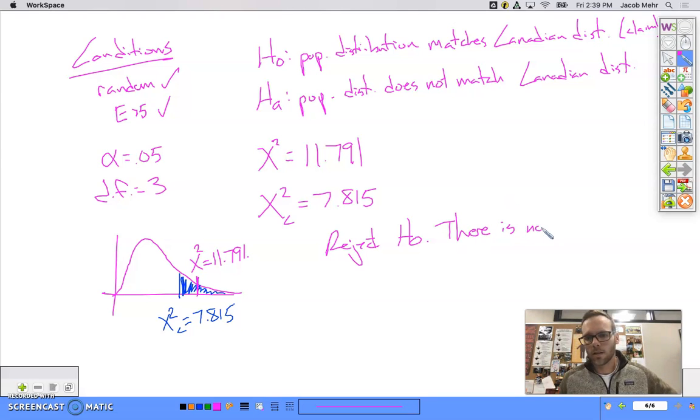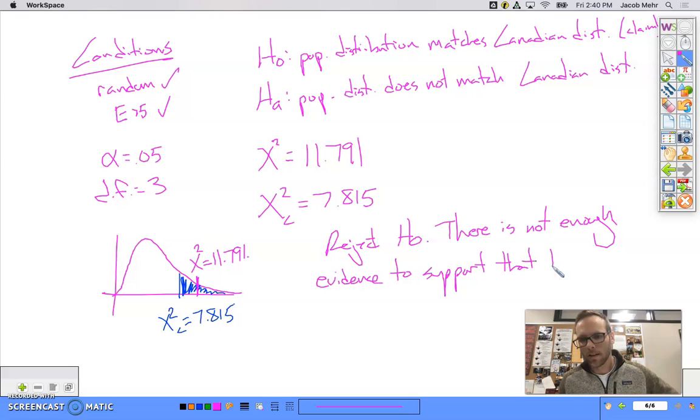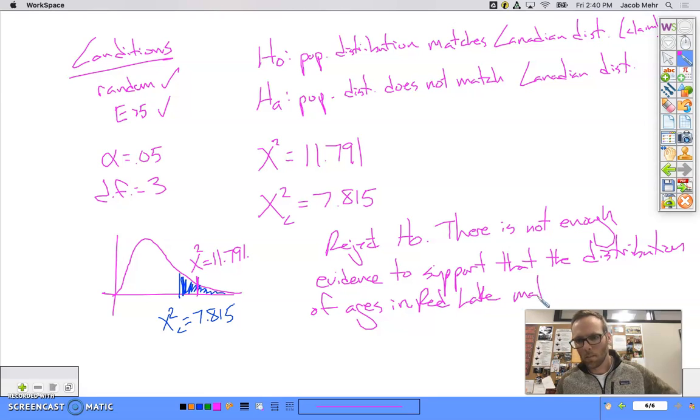There is not enough evidence to support that the distribution of ages in Red Lake matches the distribution of ages in Canada.